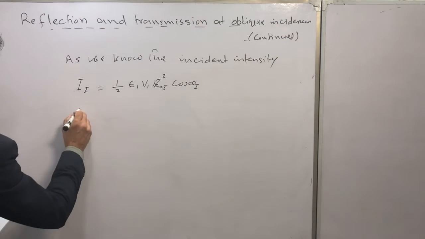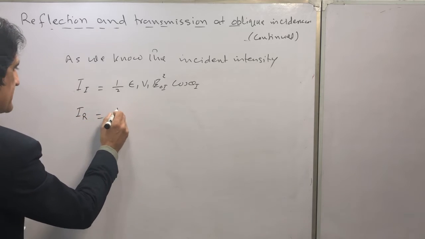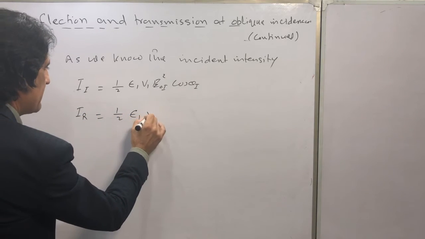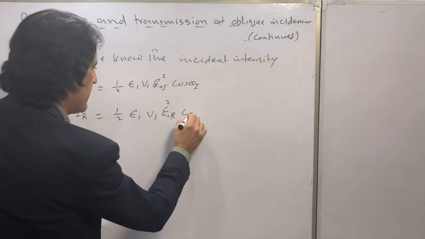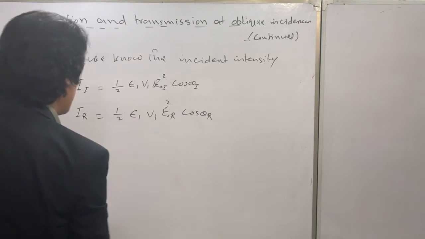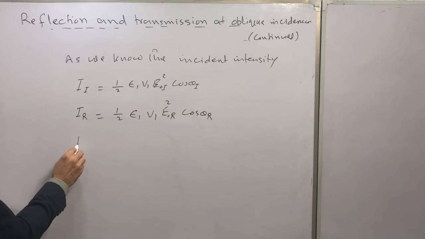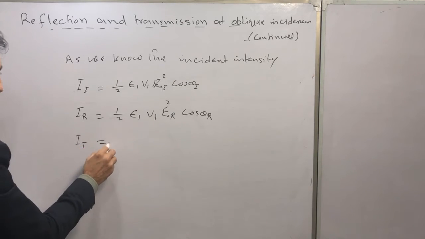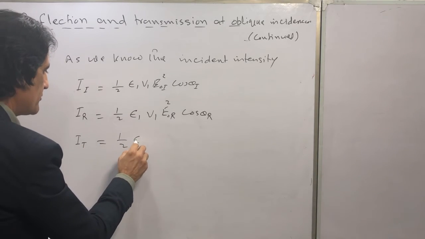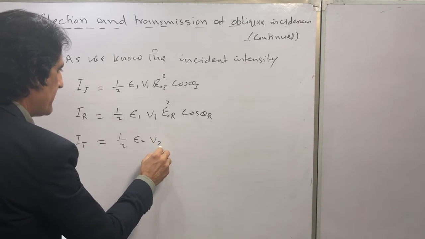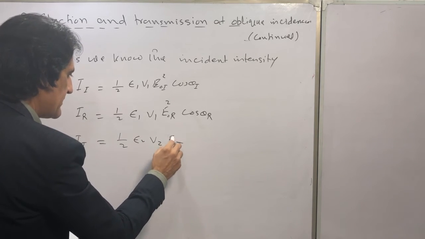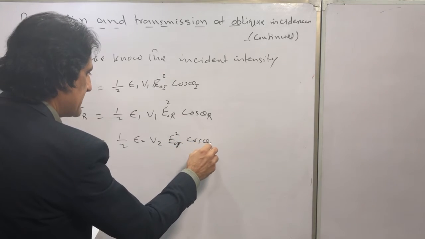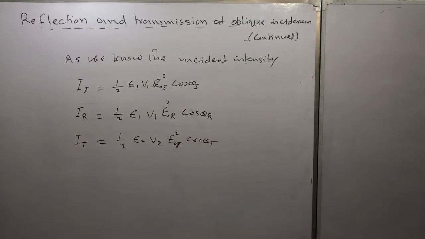And similarly for IR, which is equal to 1 over 2 epsilon 1 v1 E naught R square and cosine theta r. And for IT, this must be equal to 1 over 2 epsilon 2 v2 E naught T square and cosine theta t. So these are the powers or intensities.